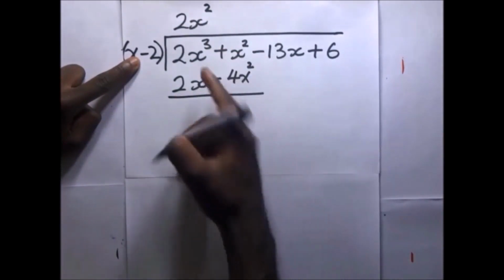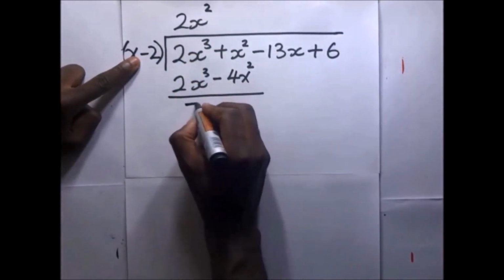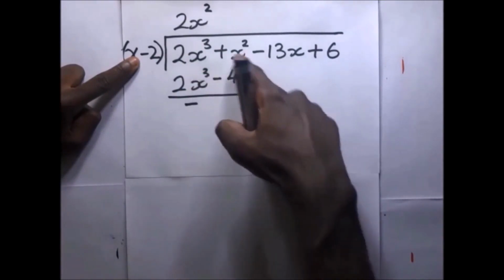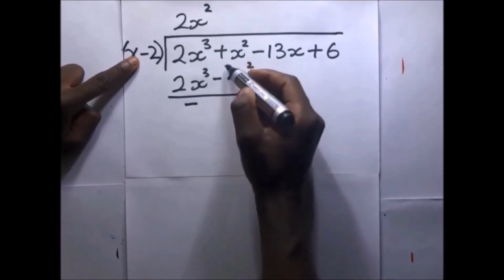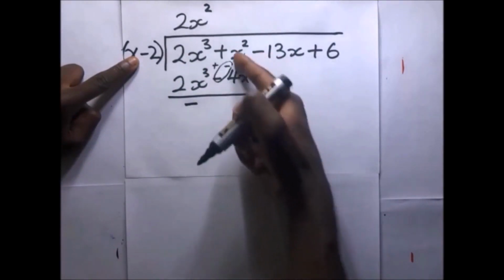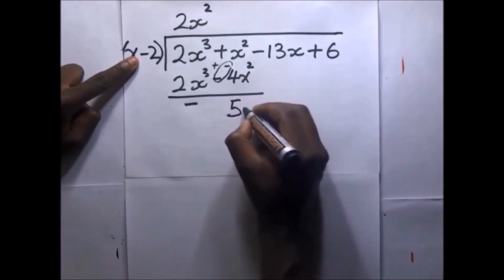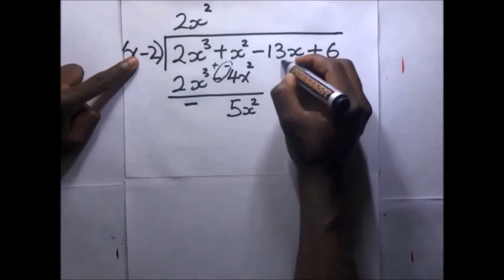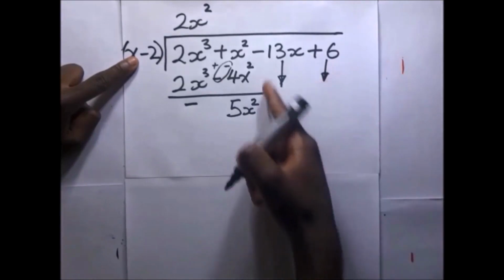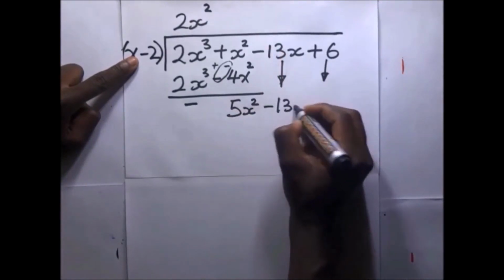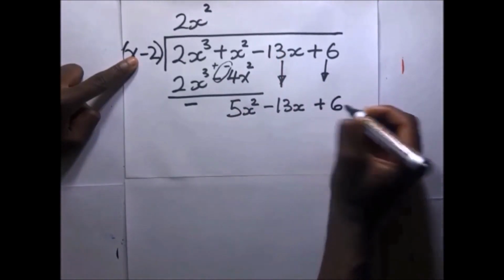When we subtract these two, this minus that will remain with nothing, 0. The x squared minus negative 4x squared, this will become a positive. So this plus that is going to give us 5x squared. Then we pull these other terms down. Here we have minus 13x plus 6.